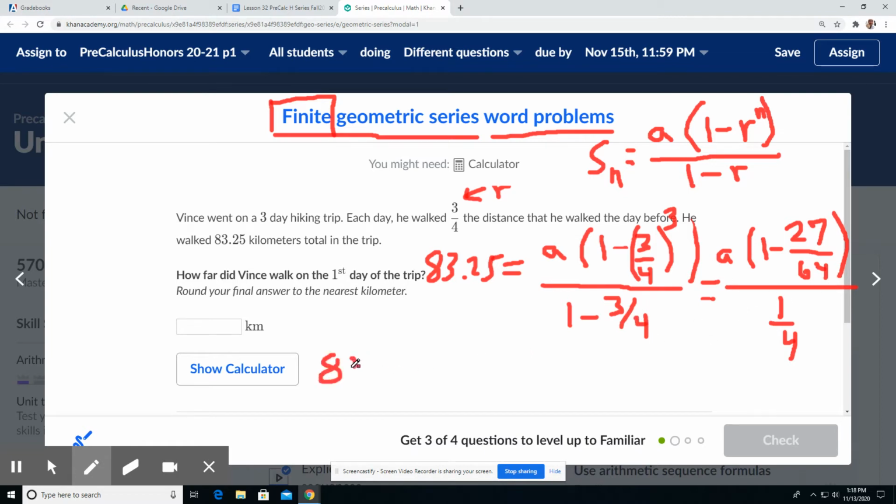So I'm getting 83.25 is equal to a times 1 minus 27 over 64. It's basically what would make this 37 over 64.